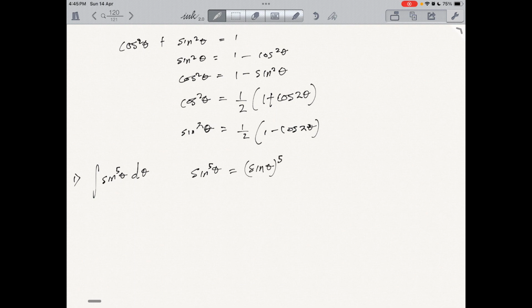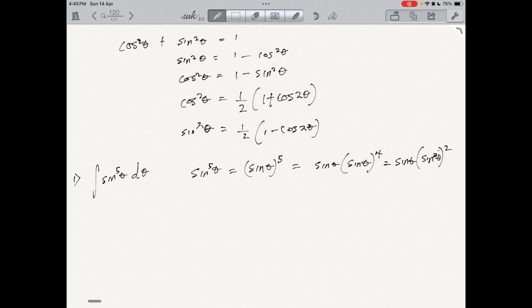And this can be simplified further to sine theta raised to power 4 times sine theta, that is, sine theta into sine squared theta all squared.